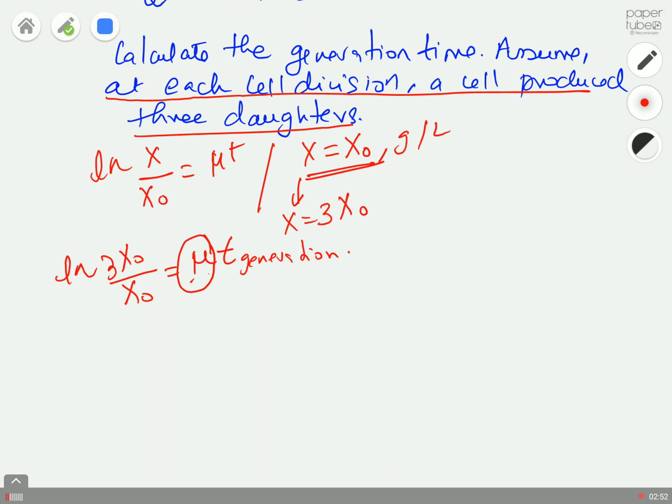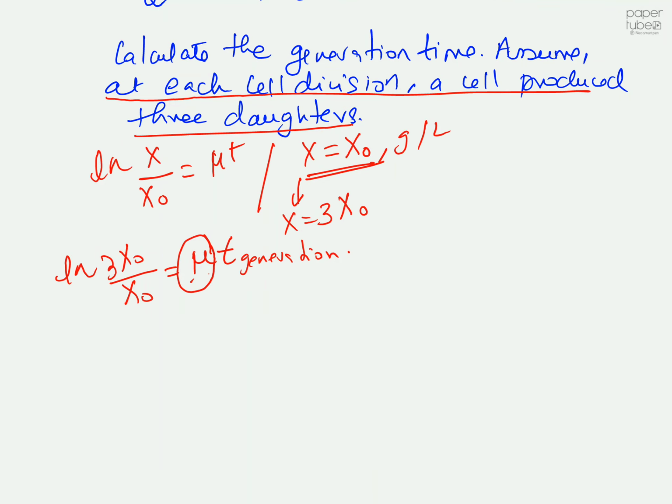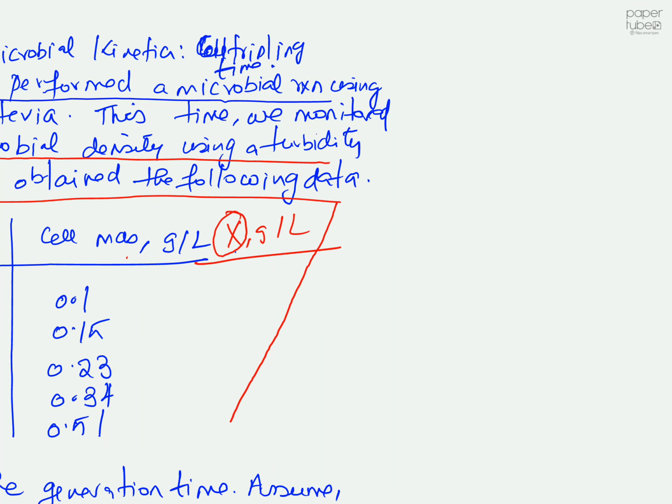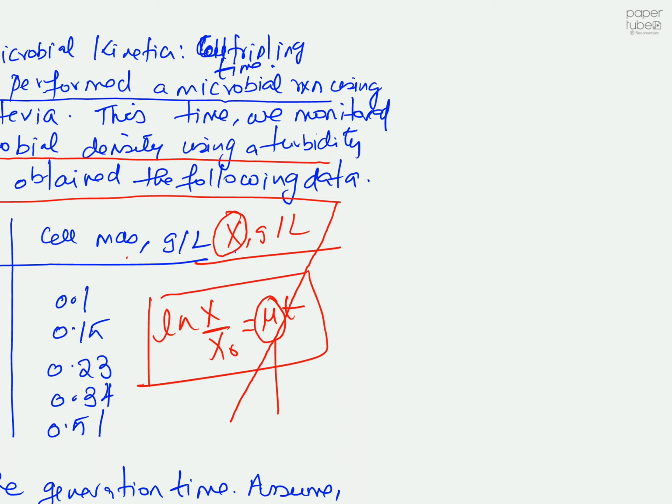We have the expression, X0 gets cancelled, so T generation will be equal to ln of 3 divided by mu, which is your specific growth rate. We need to get this mu value from the data which we have here. If you assume that the growth of microorganisms follows the simple rule ln of X by X0 is equal to mu t, then we can use this expression to calculate the specific growth rate, which is your mu.